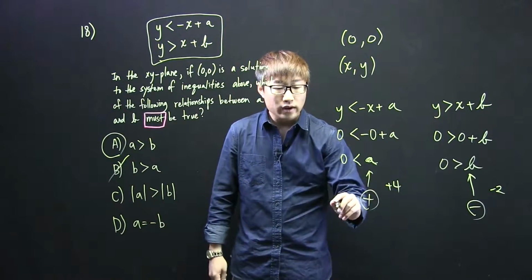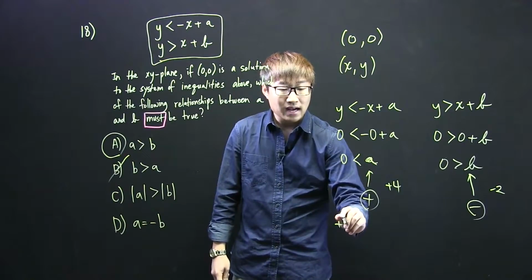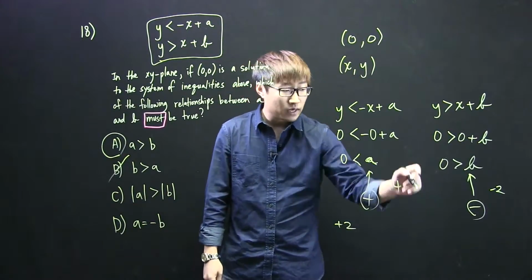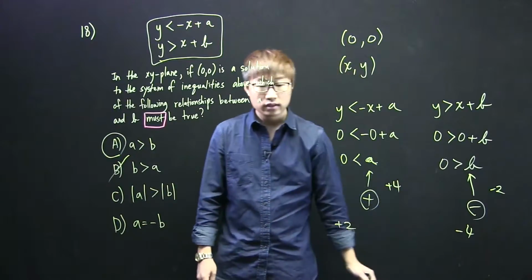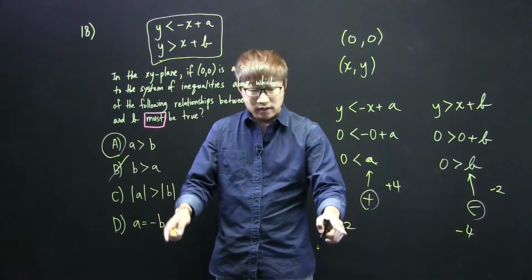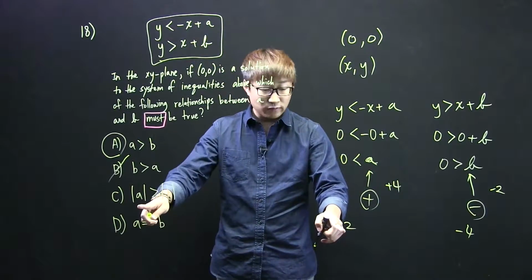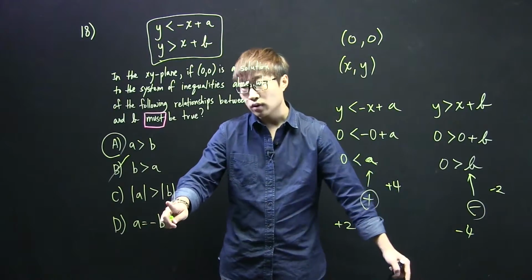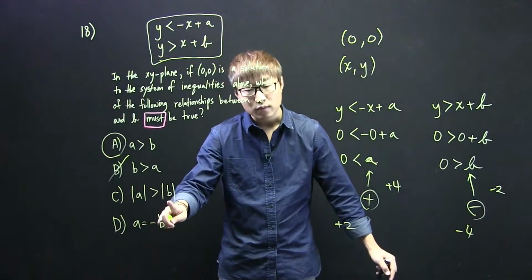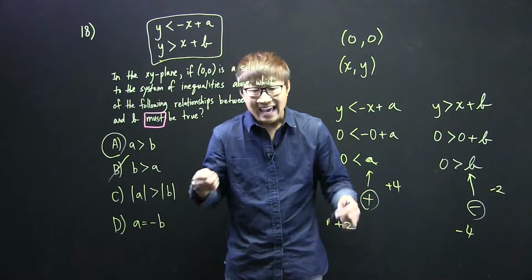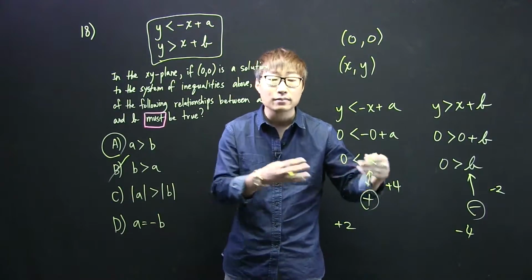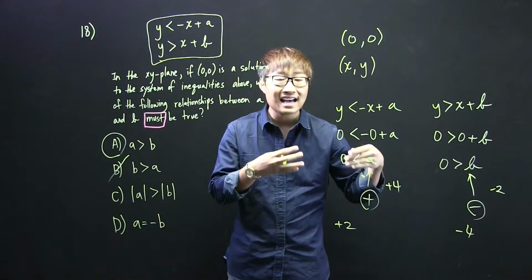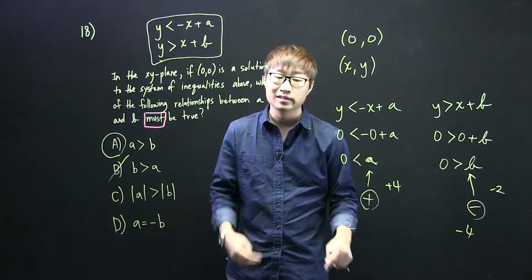What if a was positive 2 and b was negative 4? The absolute value of positive 2 is just 2, the absolute value of negative 4 is just 4, and 2 is not greater than 4. So choice C can be true, but it does not must be true under every single circumstance.